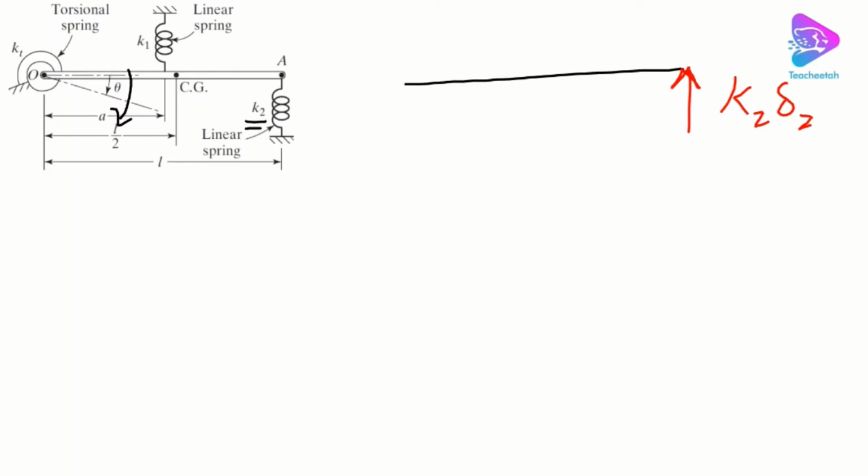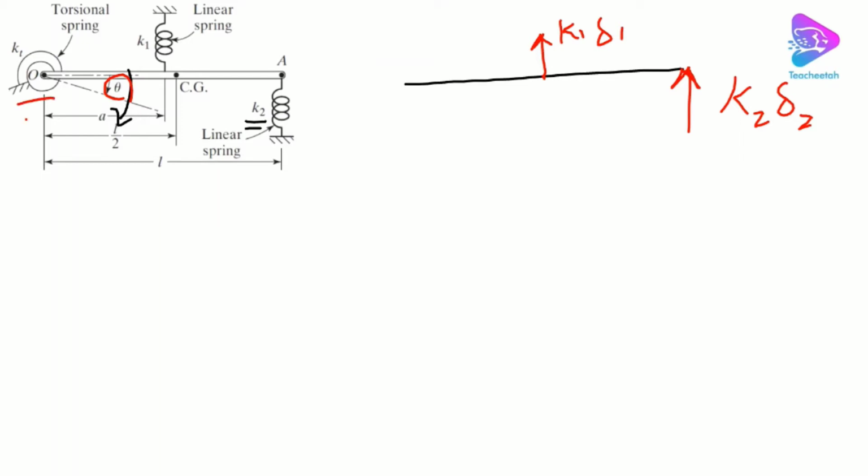And regarding the other spring, which is K1, based on this theta, we are pulling the spring, which means that there is a force opposing that, which is K1 delta 1, right? But it's not the end.